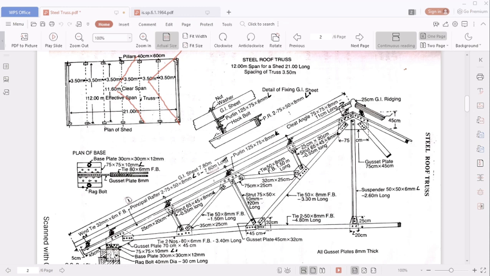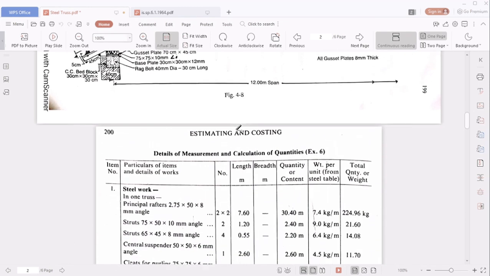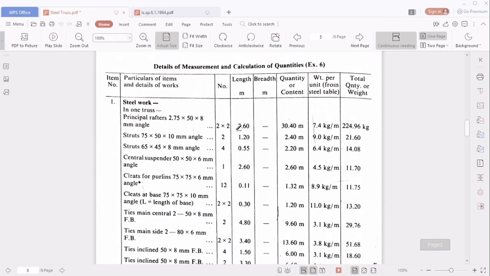Okay, so I'll go to the problem now. So directly I'll go to the problem. Details of measurement and calculation of quantities. So the details of measurement form is there. Here we calculate the quantity so that we get the total weight of steel.